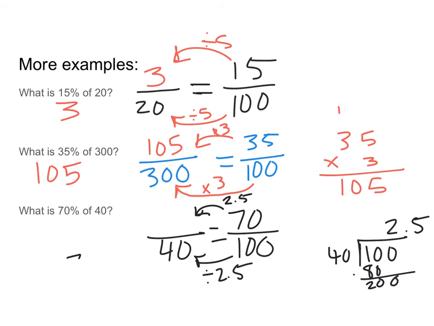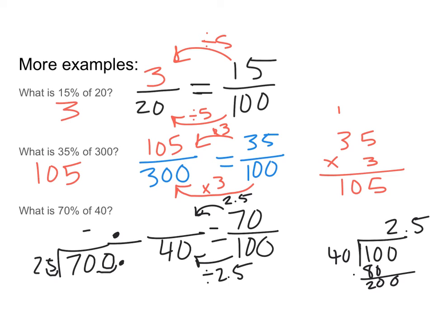So we're going to need to do 70 divided by 2.5. So we remember our decimal long division. We're going to have to move the decimal over a place, and add another 0 there. We'll move the decimal up. And then how many times does 25 go into 70?